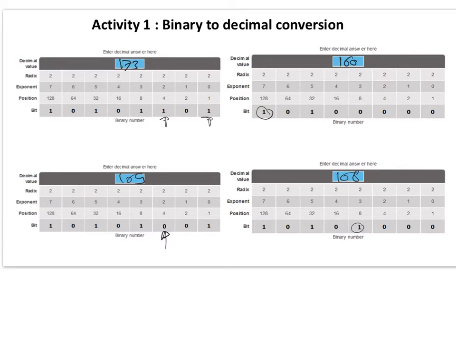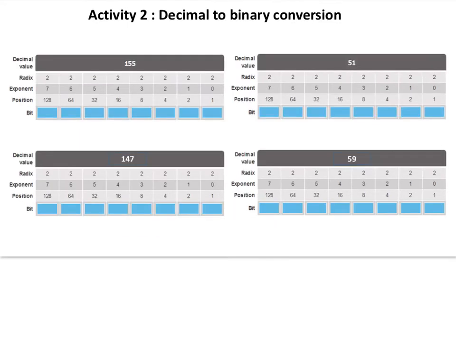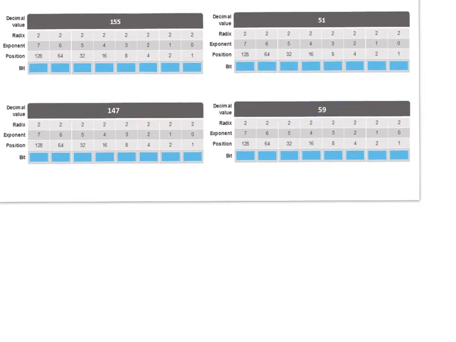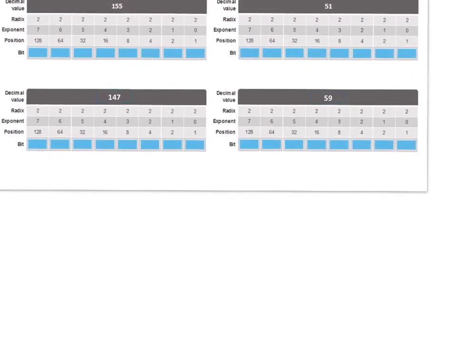Okay? So let's do the same for the next one. And here, we need to do the reverse operation. So we need to convert from decimal to binary. And again, we need to use the same concept more or less. So 51 is not more than 128, so it's 0.